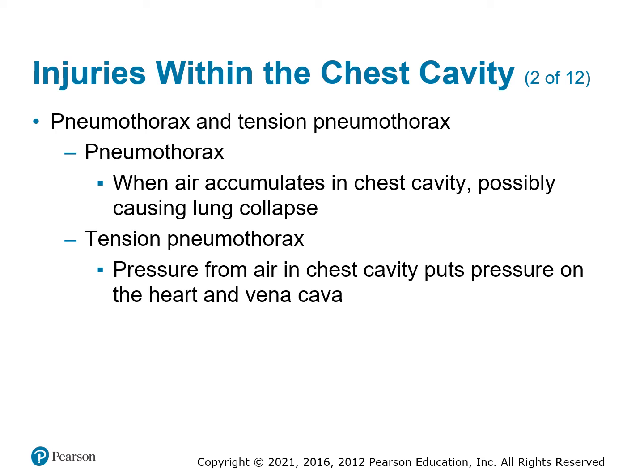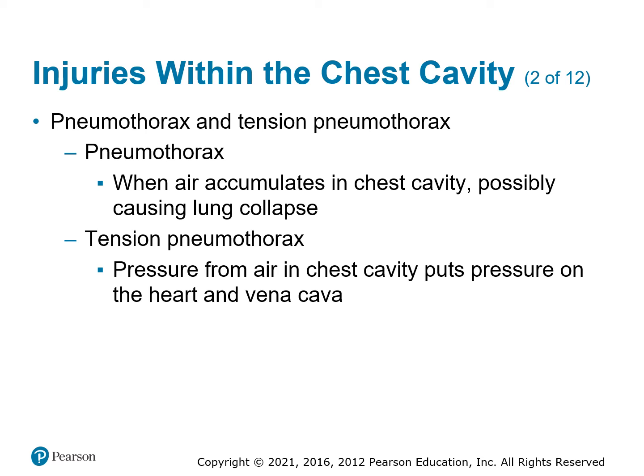It's going to push the lung tissue away from the chest wall, and the more air that accumulates, the more it collapses the lung. Now, just in general, with a small pneumothorax, there's not going to be a whole lot you have to do from a treatment standpoint, and the patient may not exhibit any real severe signs or symptoms. But as it progresses, it's going to progressively get worse for the patient.